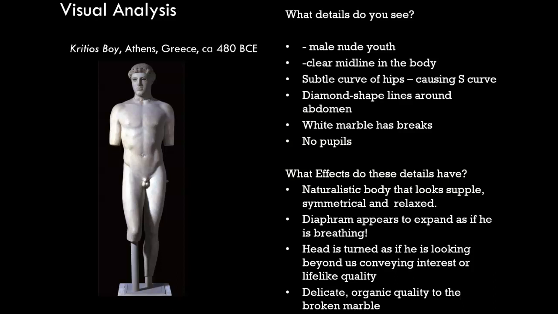We see a naturalistic body that looks supple, symmetrical, and relaxed. We have a diaphragm that appears to expand as if the figure is breathing. We have a head that is turned, so the figure looks beyond us, conveying an interest or lifelike quality. And then we have a delicate organic quality to the broken marble.